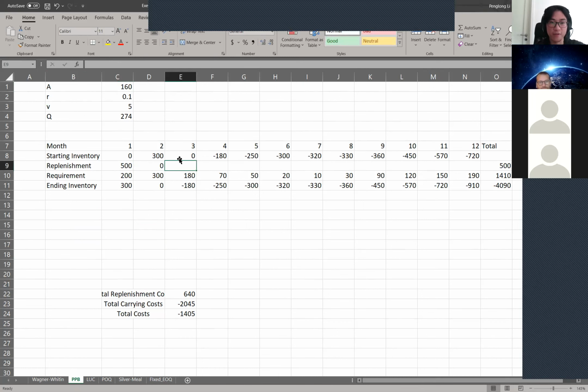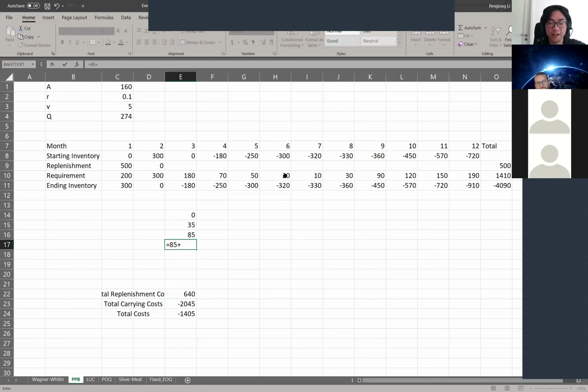And we do it again with this starting point, 0. The demand of the next month is 70. We're carrying it for 1 month, so multiply it by 0.5, and it's 35. And we do it again with 50, but we're carrying it for 2 periods. So it's 85. It's still below 160, so we need to go on.